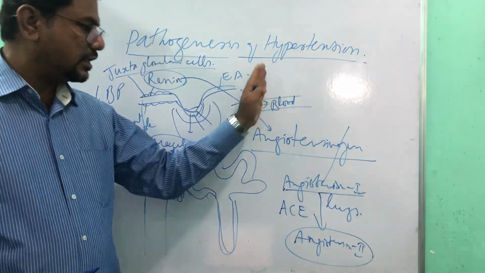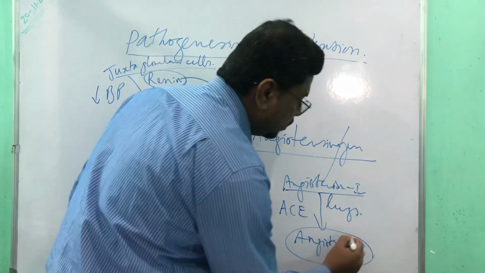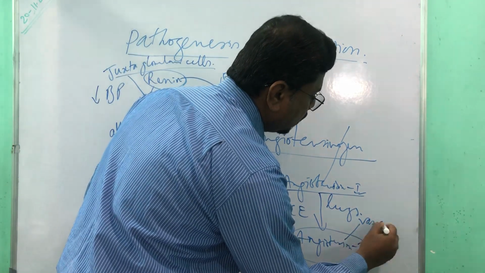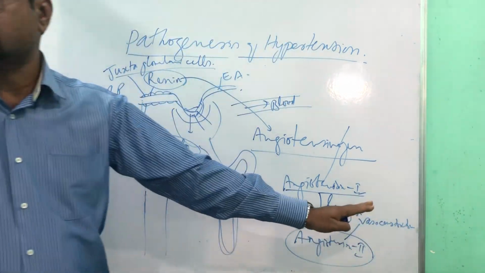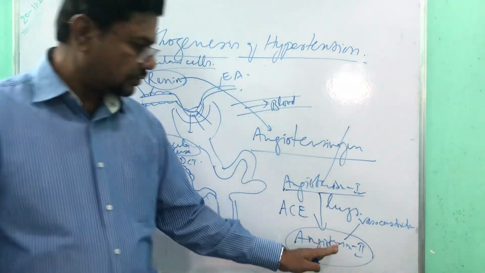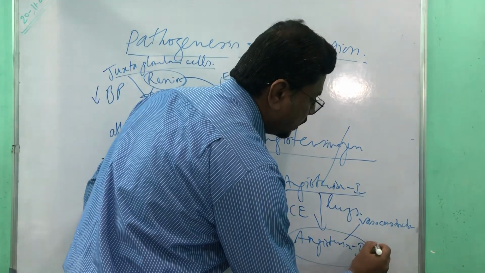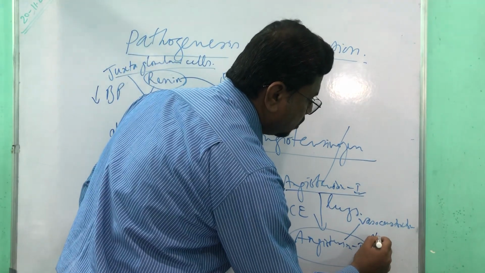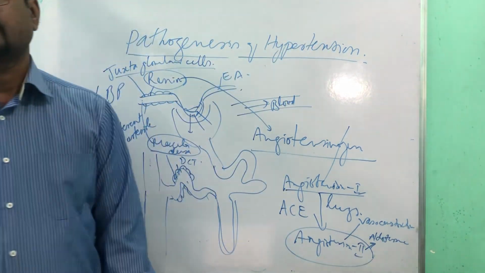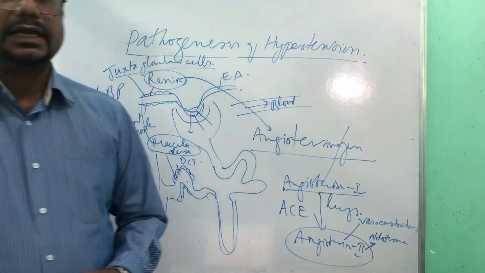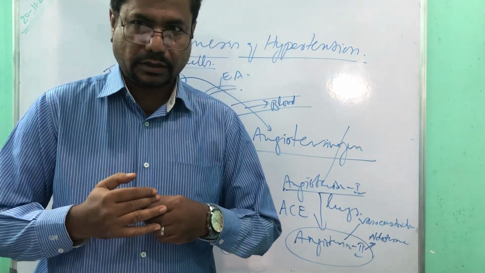So angiotensin 2 directly causes vasoconstriction. Alright? There are three methods by which it acts. It will go and release aldosterone. Where is aldosterone released? Aldosterone is released in the adrenal cortex, in the adrenal gland.